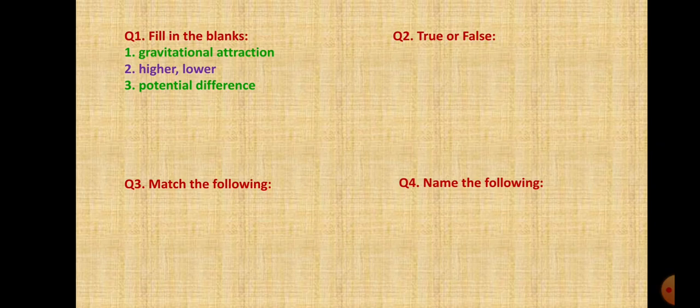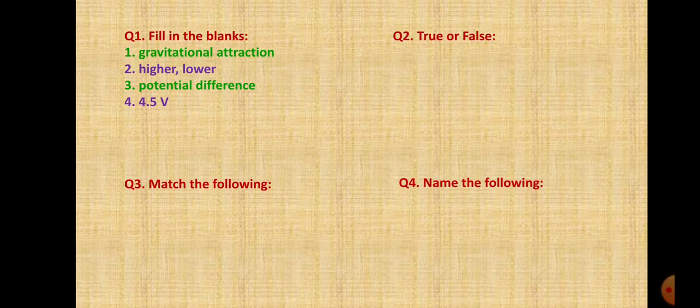Next is, 3 electric cells of potential difference 1.5 volt each have been connected as a battery. The potential difference of the battery will be dash. It will be the total of each cell.